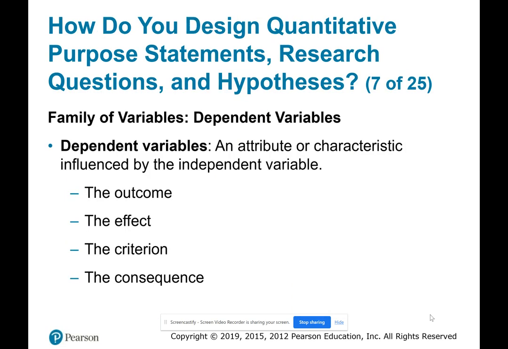A dependent variable, which is the most important, is an attribute or characteristic that is dependent on or influenced by the independent variable. You may find them labeled in the literature as the outcome, effect, criterion, or consequence variables. There are usually multiple dependent variables in a study. Dependent variables can be measured using continuous or categorical scores.